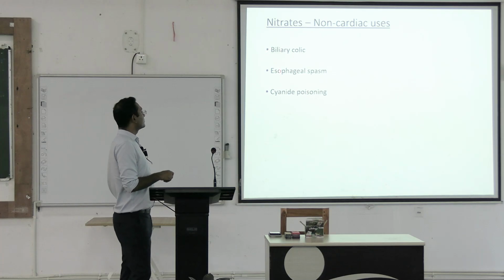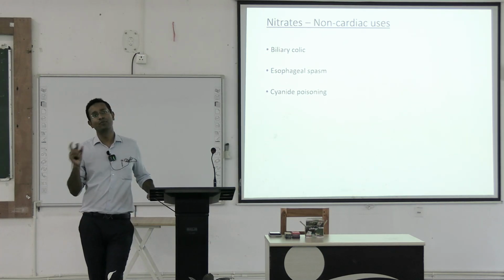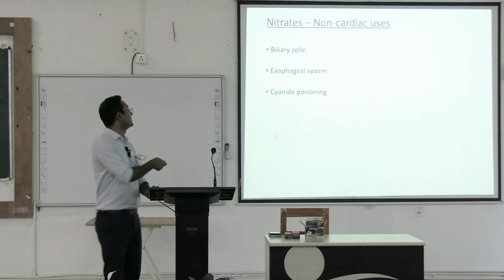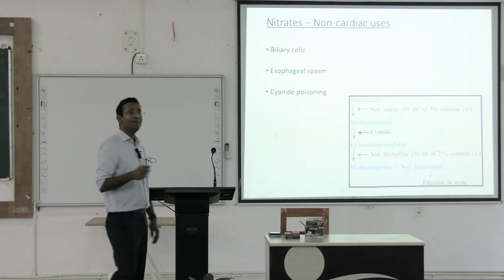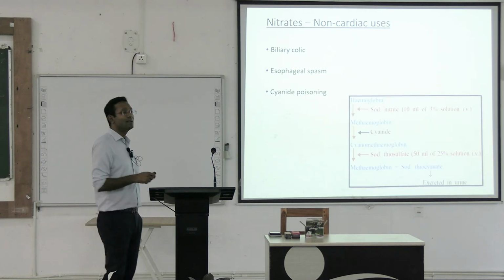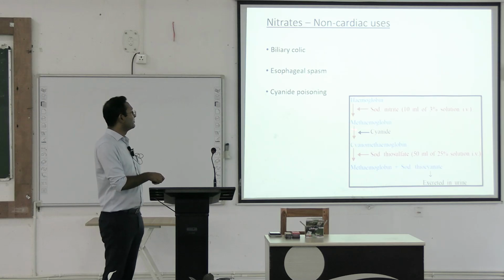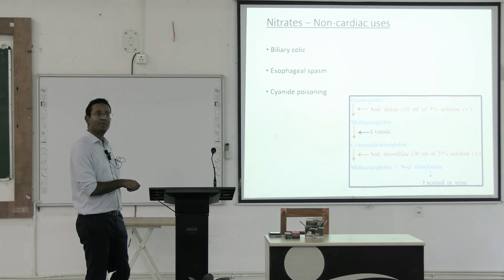Non-cardiac uses: biliary colic and esophageal spasm, as I mentioned before, because it's a smooth muscle relaxant, so it helps in biliary colic and esophageal spasm. Now, cyanide poison, because of methemoglobinemia. One of the adverse effects of using nitrates is methemoglobin formation. So in a normal patient, when nitrite is given, it forms methemoglobin.